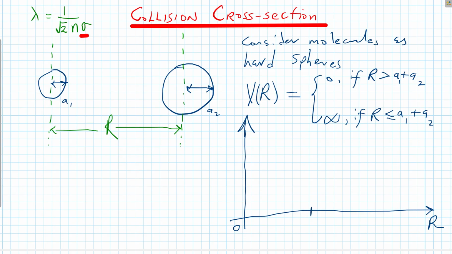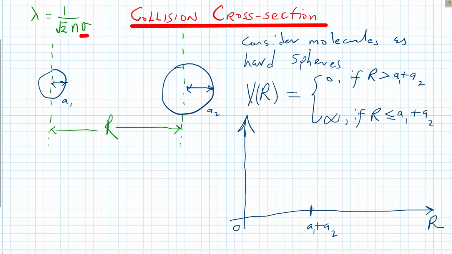R cannot take a value which is less than A1 plus A2, because we are assuming again that the molecules are hard spheres. So the minimal value of R is actually A1 plus A2.